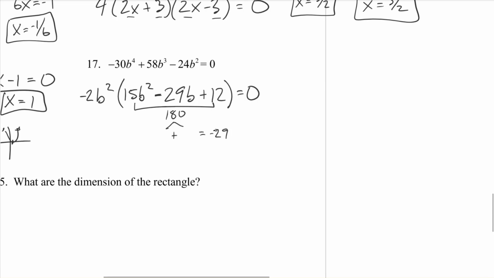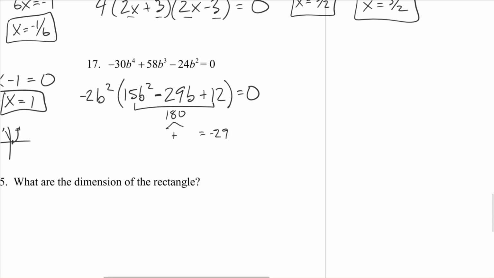Or sorry, I need to multiply together to make 180 and add together to make negative 29. And 15 and 12 already add together to make 27, so I'm really close there.